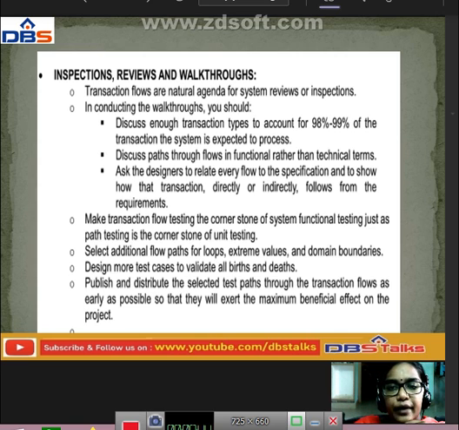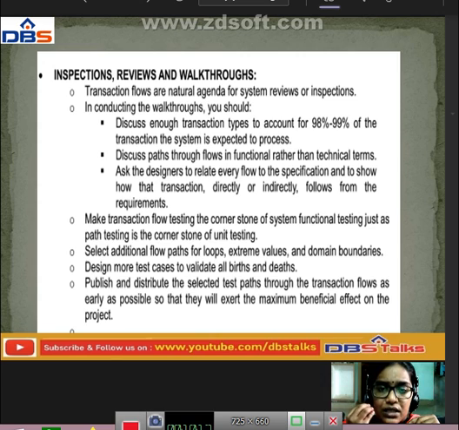Based upon these things, you have to ask the designers to relate, meaning what are the relations between transaction and transaction. What is the basic relation between each transaction? What is the relation between this transaction and that transaction? You have to check once first, and ask the designers to perform.